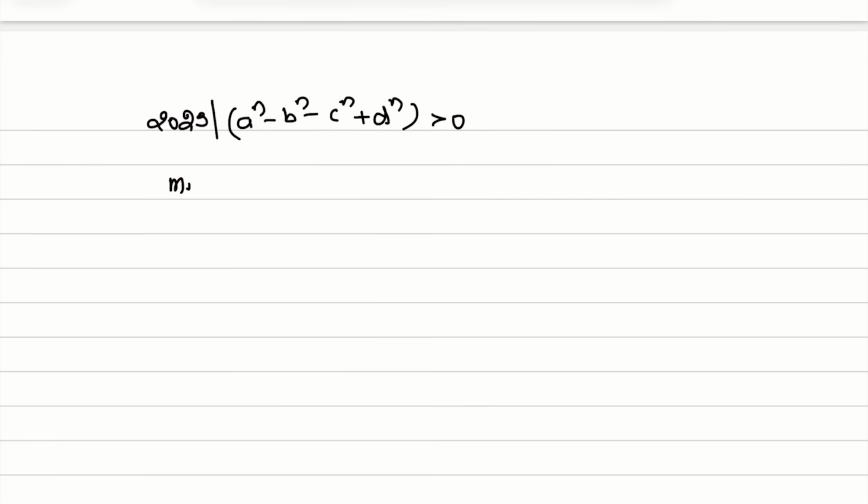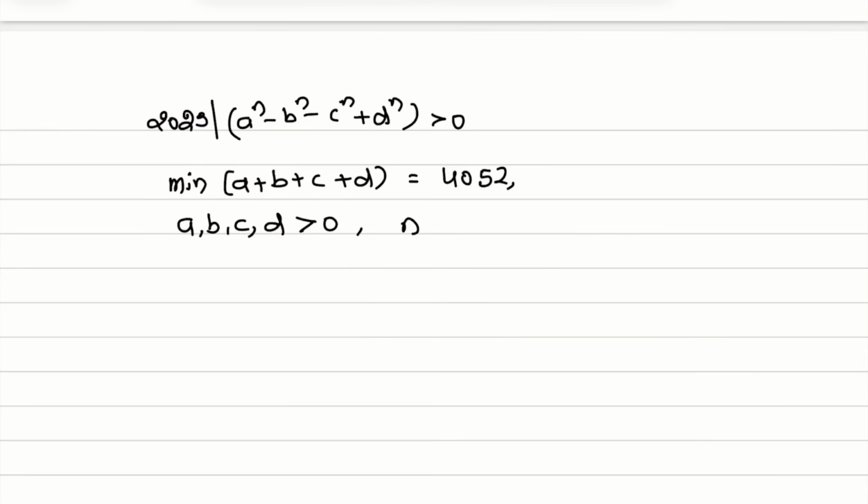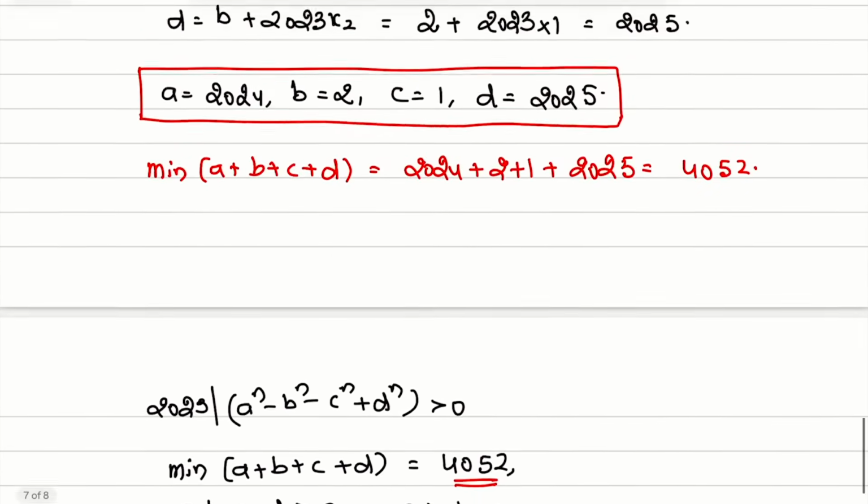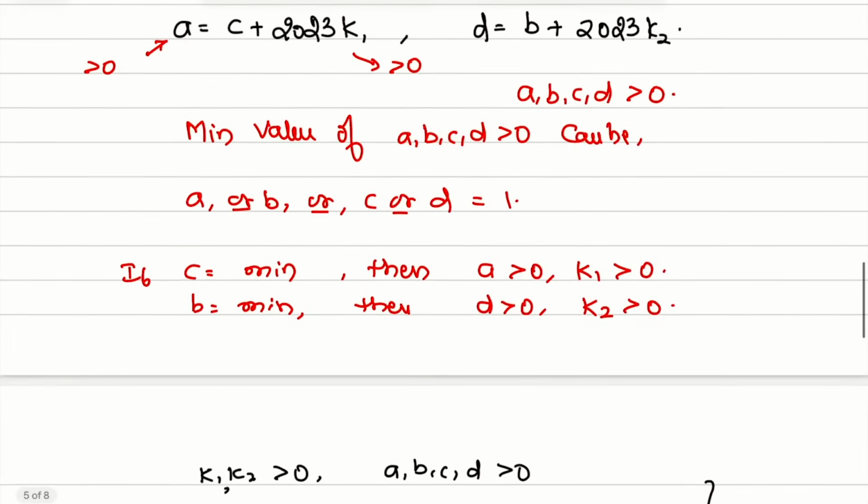The minimum value of a plus b plus c plus d is equal to 4052 when a, b, c, d are greater than 0, n is greater than or equal to 1 and a, b, c, d are distinct. The answer is 4052. This is how we have to approach a problem.